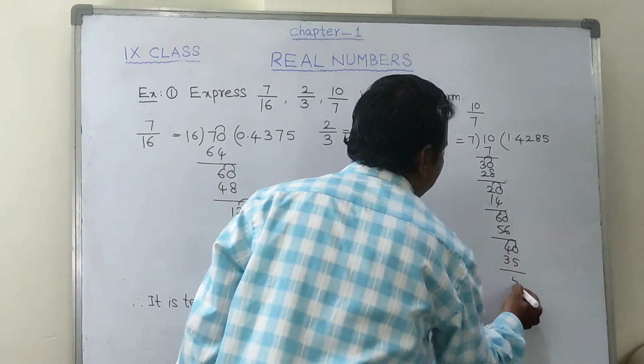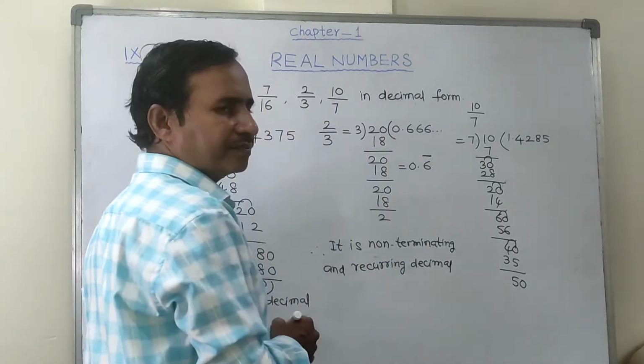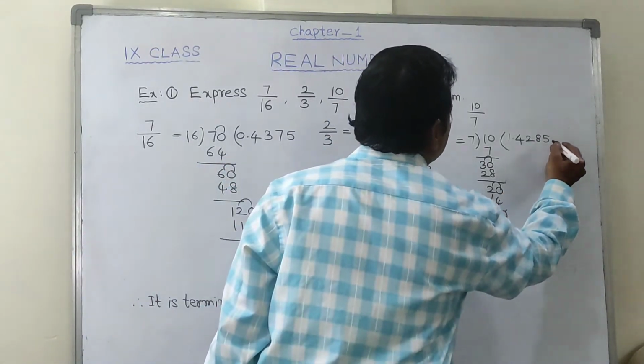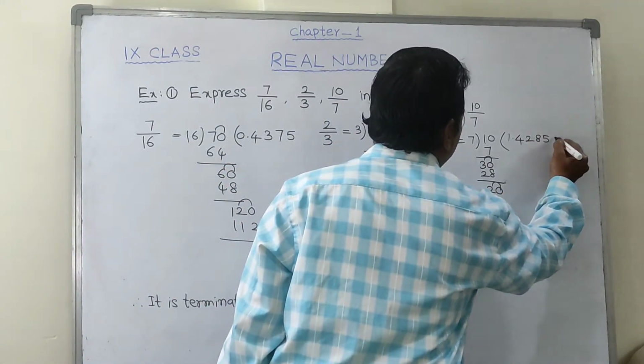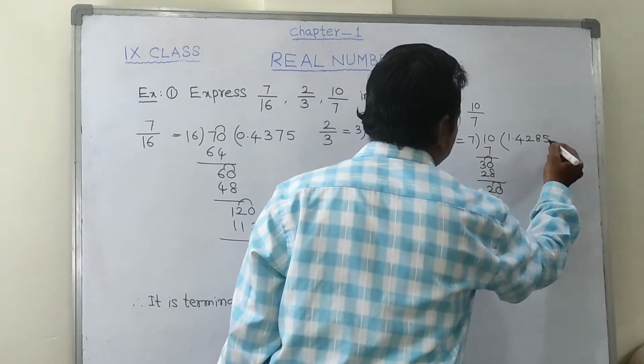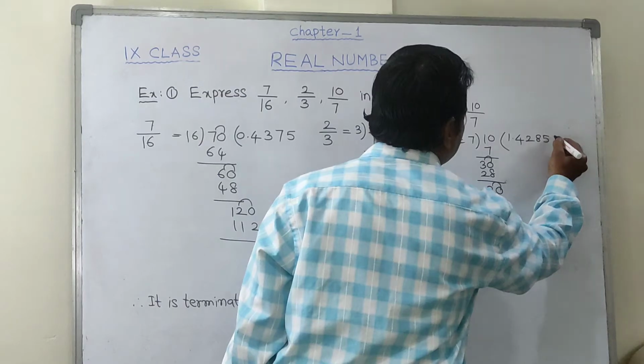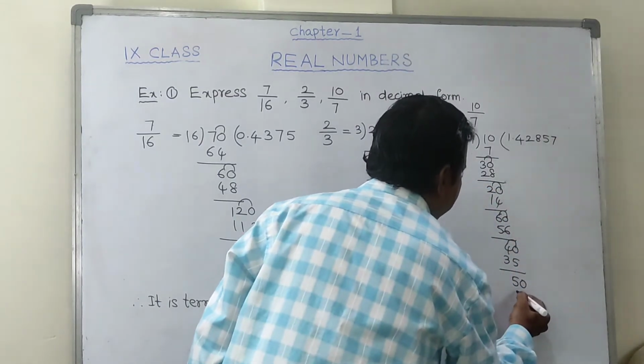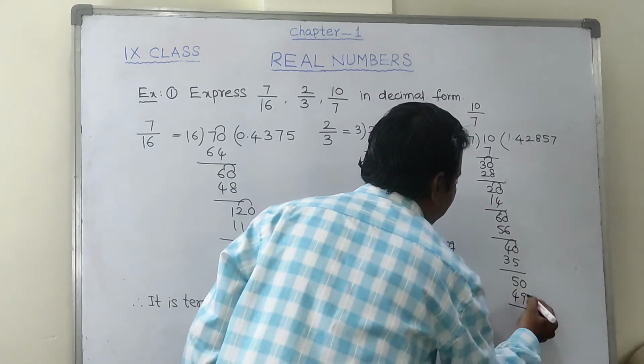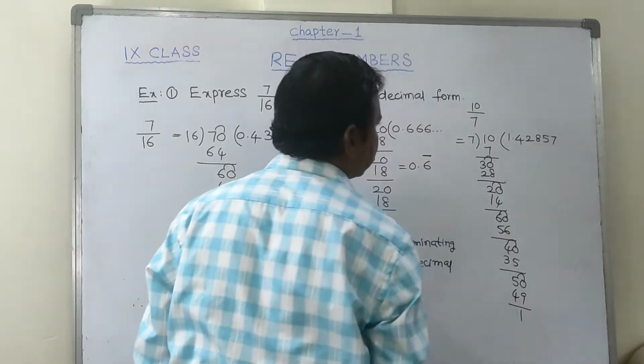How much? 5. Add 0. Now how many times will it go? 7 sevens are 49. Remainder will be 1.